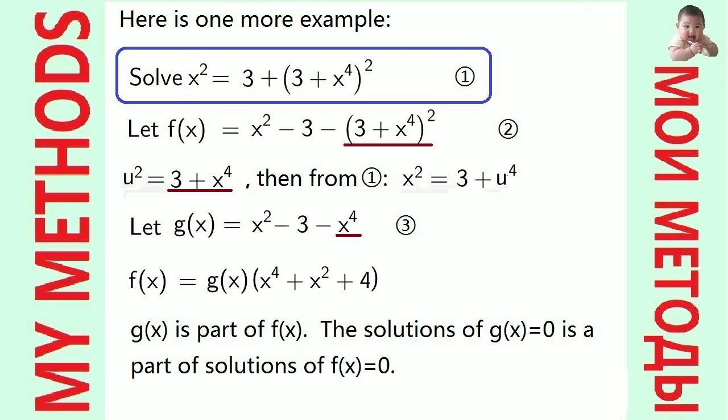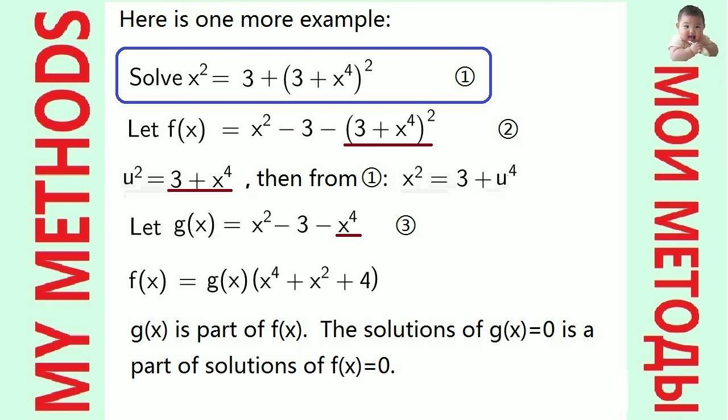Then from this equation, we have x squared equals 3 plus u to the fourth power. See, this is squared and squared again.